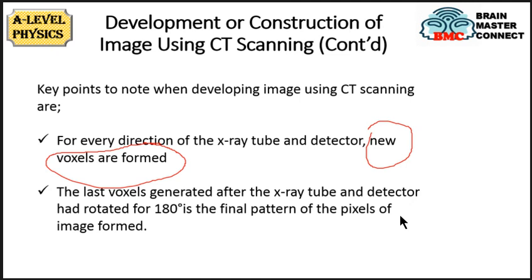So once you've noted that the last Voxels are generated when the X-ray tube and detector has rotated for an angle that's less than 180.